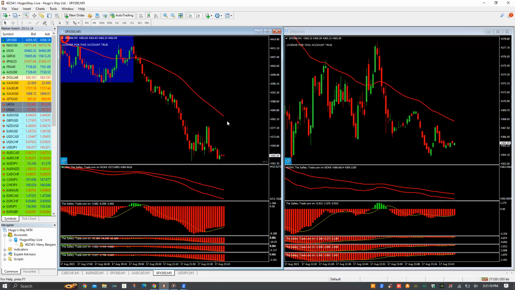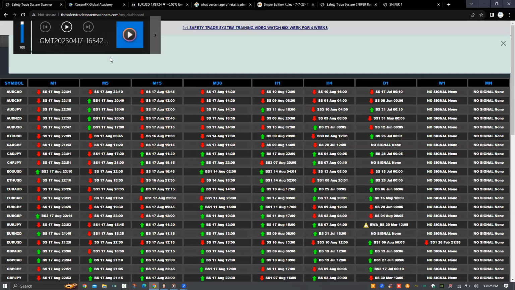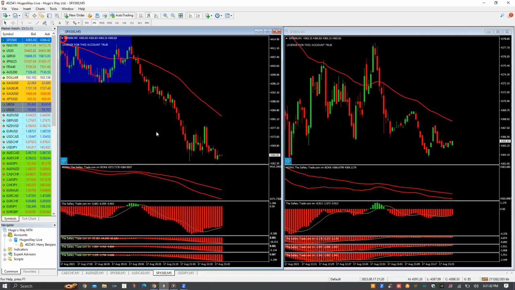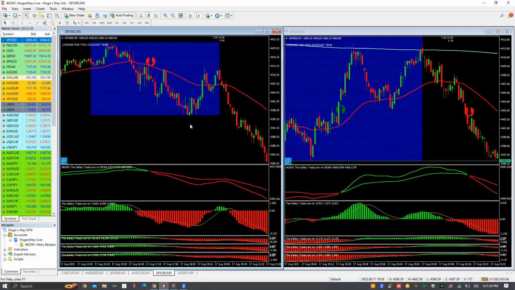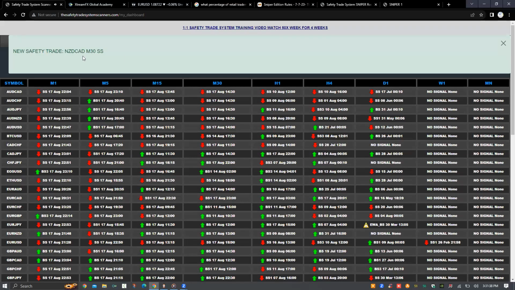She bought the system and she used this thing called a scanner. The scanner sends you and I messages every day, multiple times a day, on what we can trade. So instead of us having to look at the chart and count the things 1, 2, 3, 4, the scanner does it for us. The scanner just said there's a new safety trade on New Zealand Canadian dollar, 30-minute sell stop.